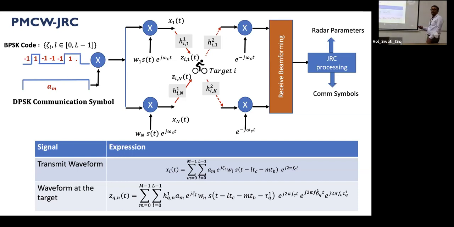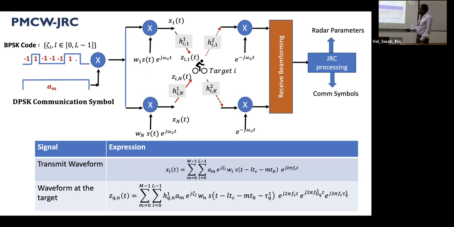Okay, so I then use multiple antennas. It's immaterial here, but I transmit, and then I would have the target, and the signal is backscattered. So this would be the transmitted waveform, and this would be the waveform at the target. You would have the delay, then the Doppler version, then the beamforming weights from the multiple antennas, and then the communication symbol.